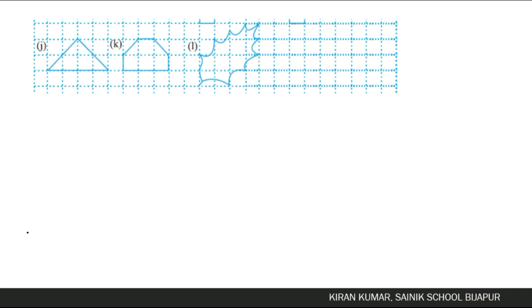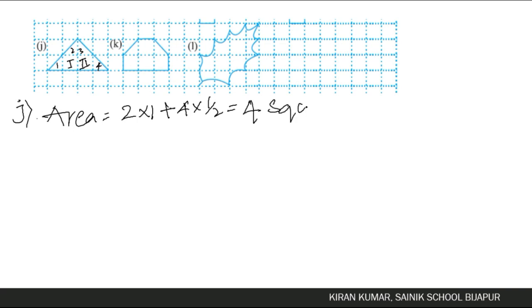In continuation with the previous question, from J to L I have considered it here. Look at the figure J. How many are fully filled? There are 2 fully filled. How many are half filled? 1, 2, 3, 4 are half filled. So the area will be equal to 2 fully filled plus 4 half filled, which is 2 plus 2, 4 square units.